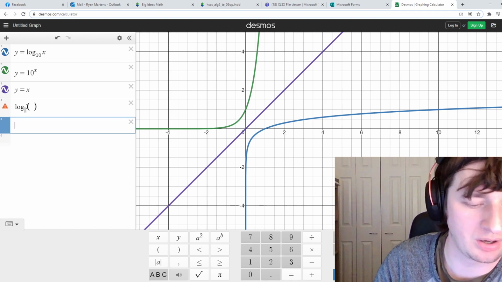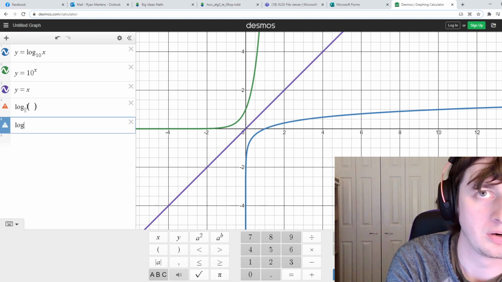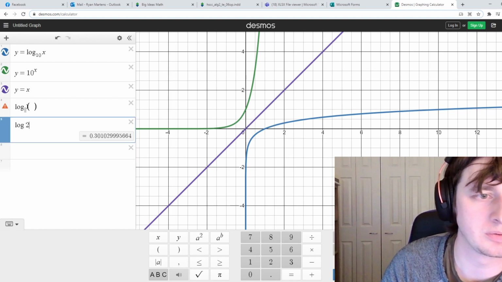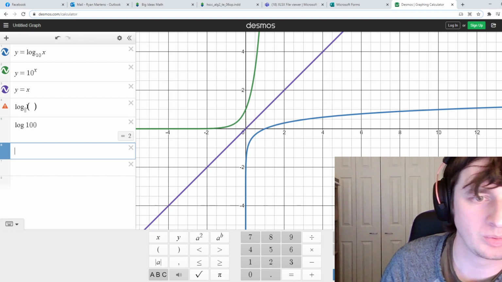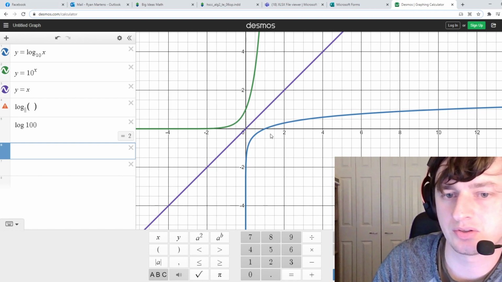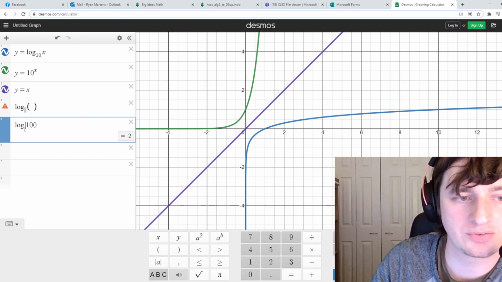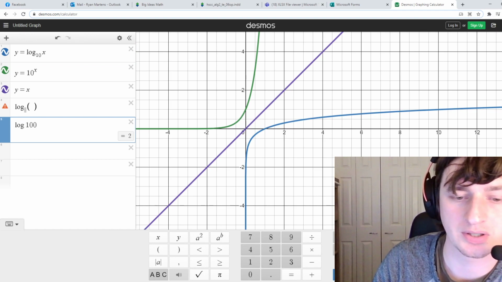If you just type log, let's do log of 100. We get 2, which should make sense. But when you're doing this, there's no base written here. It's assumed that it's 10. So we'll write that in our notes in a second.